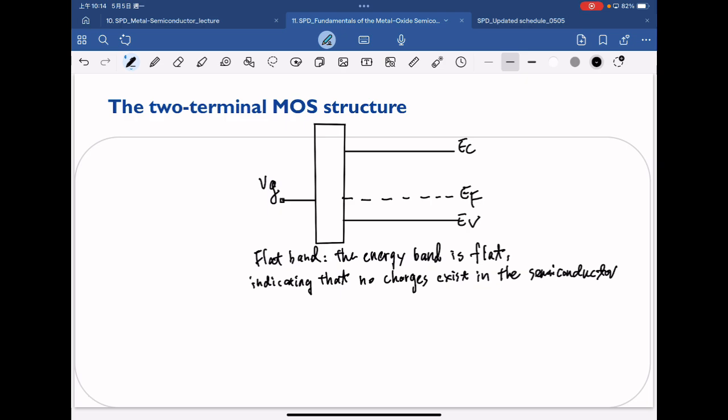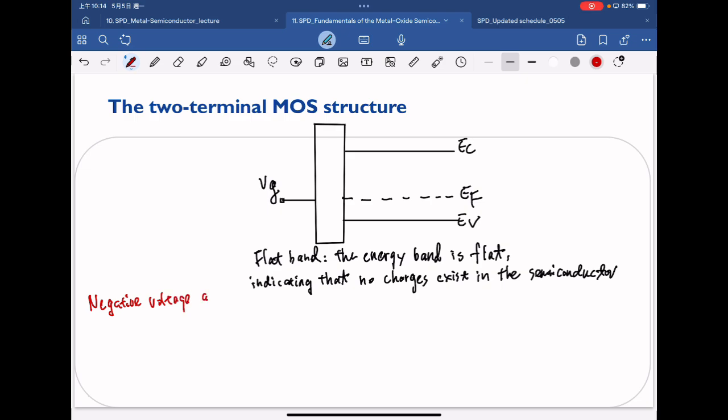As we said, the goal is to understand the case with positive and negative voltage applied on top of the gate. So what happens if we apply a negative voltage?